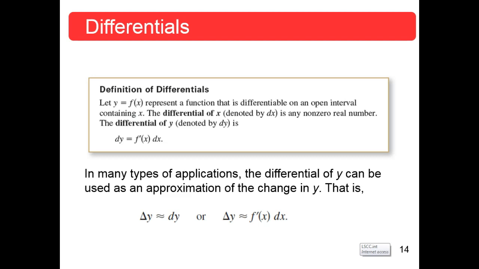Now I'm going to show you the thing that's sort of crazy about this, and it's how I would approach it really, but I'll get it. In many types of application, the differential of y can be used as an approximation to the change in y. That is, that the delta y is approximately dy, and the delta y, the actual change of y, is approximately f prime dx.